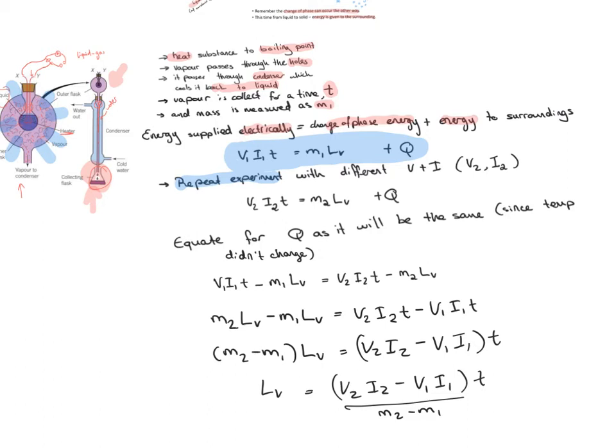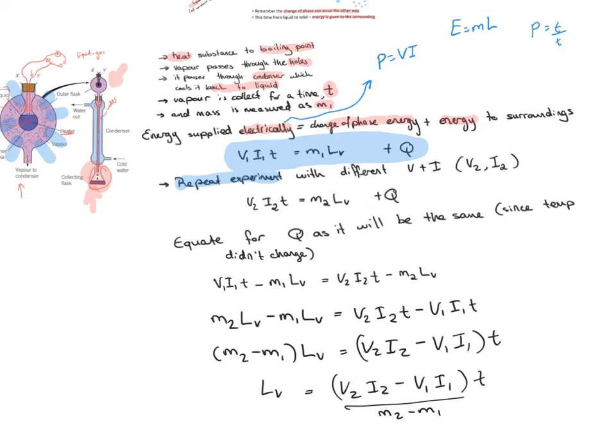So change the voltage and current. Before I actually continue, just because I didn't make it very explicit, energy supplied electrically: power is equal to VI. But since E is equal to ML, and I'm taking into account the time it took, power is also energy divided by time.